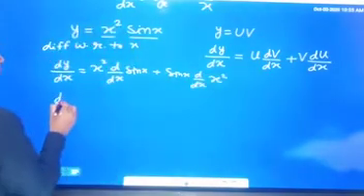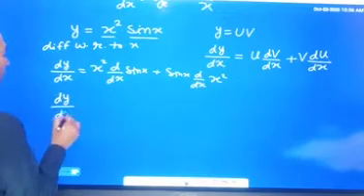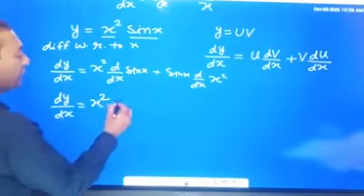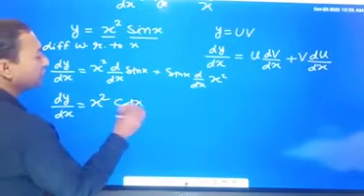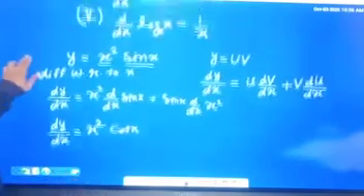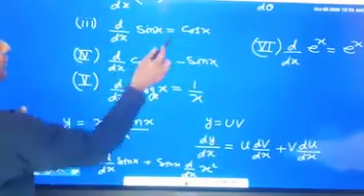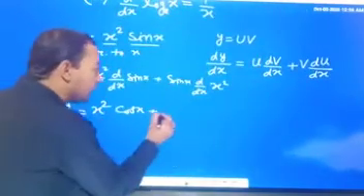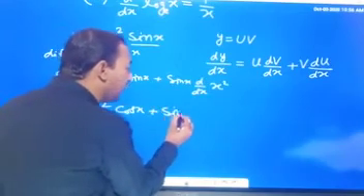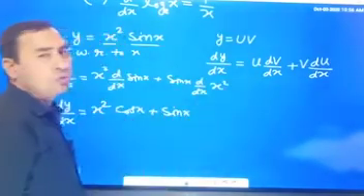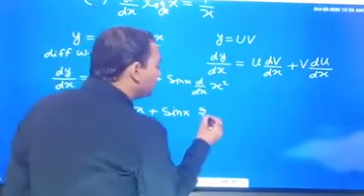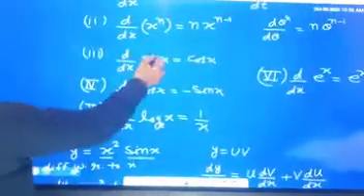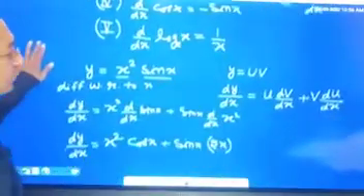Now dy upon dx is x square times the differentiation of sin x, which is cos x. अभी फॉर्मूला लिया था हमने, देखिए what is the differentiation of sin x, that is cos x, plus now this sin x is constant and we take differentiation of x square, then differentiation of x square is 2x by this x to the power n formula.